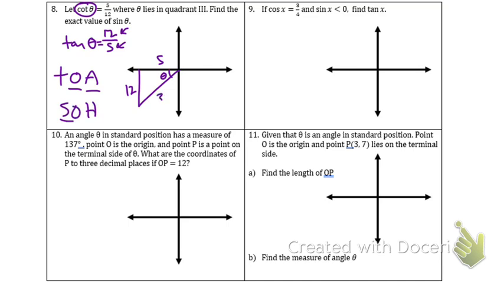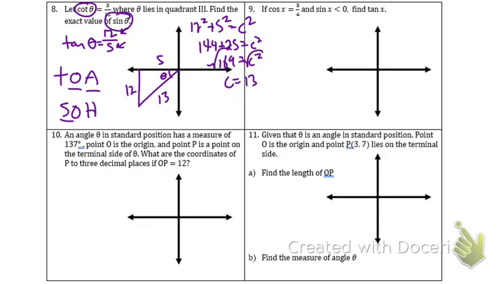So I need to find this. I can use Pythagorean theorem to do that. That would be 12 squared plus 5 squared equals c squared. That's 144 plus 25 equals c squared. That's 169 equals c squared. Take the square root of both sides, and we get c equals 13. So this hypotenuse is 13.